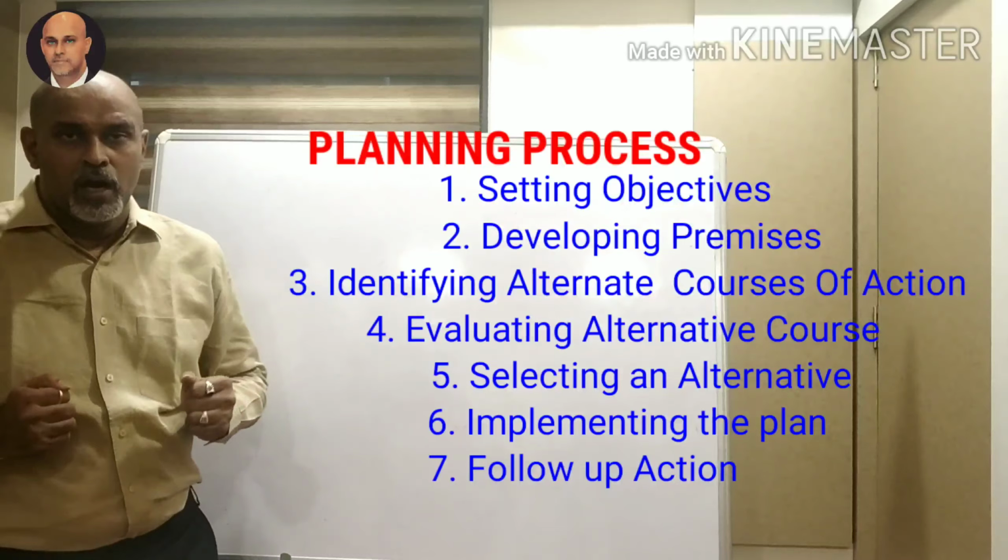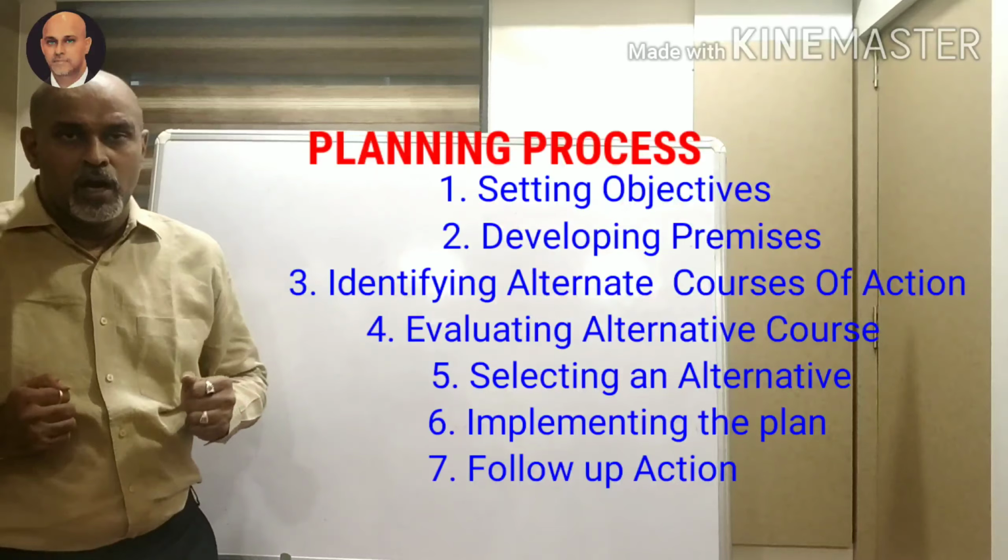Now, the first point of importance when we start off planning is setting objectives. We all need to know what to do. For example, if we want to increase our sales by 60%, or by 40%, or we want to reduce the price of certain commodities which we are manufacturing, these all are objectives.